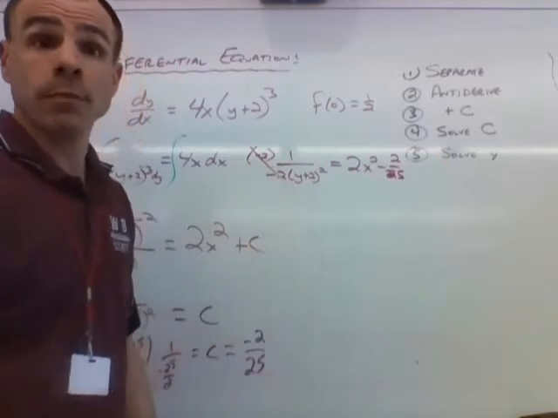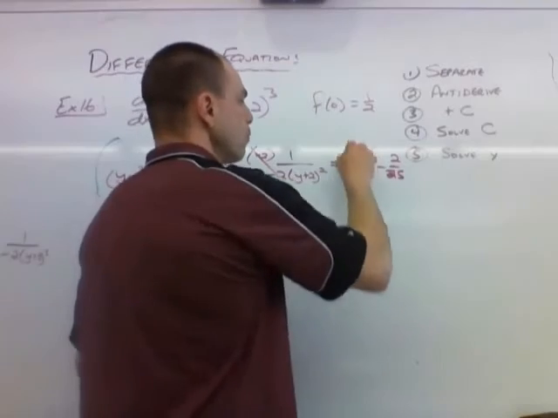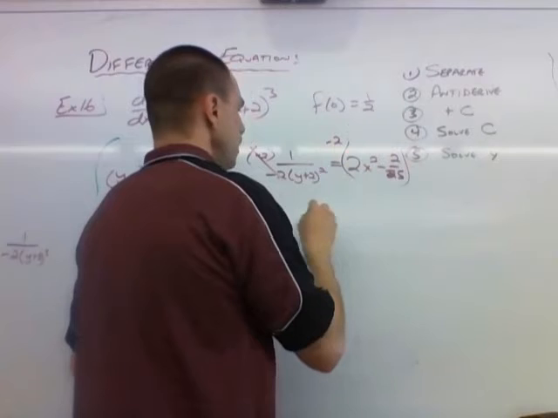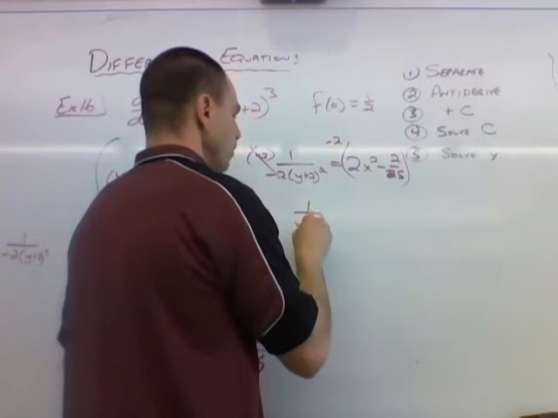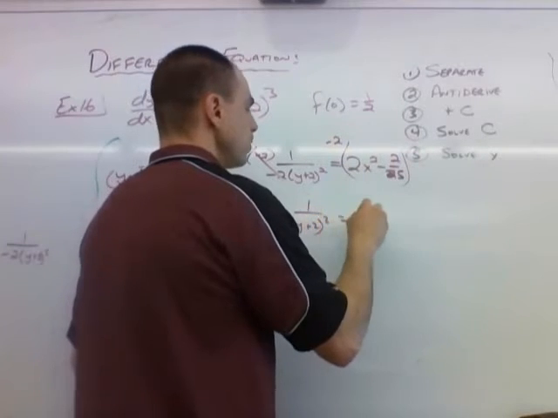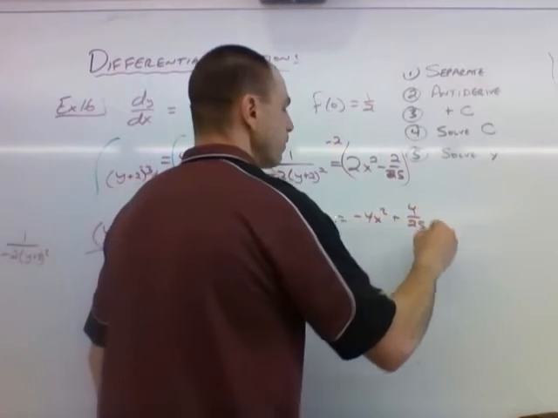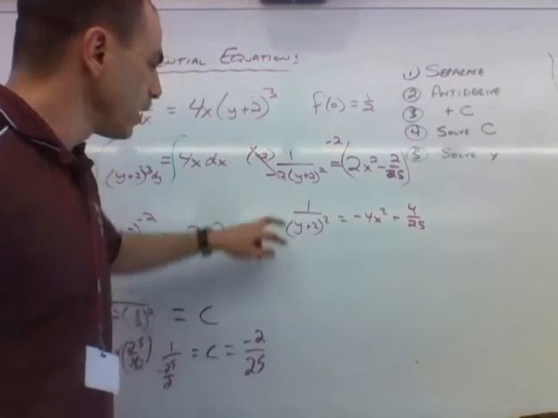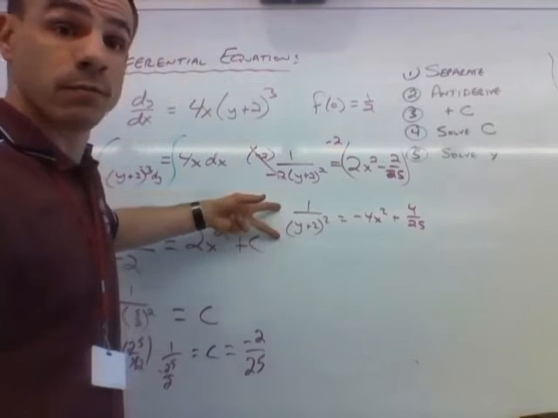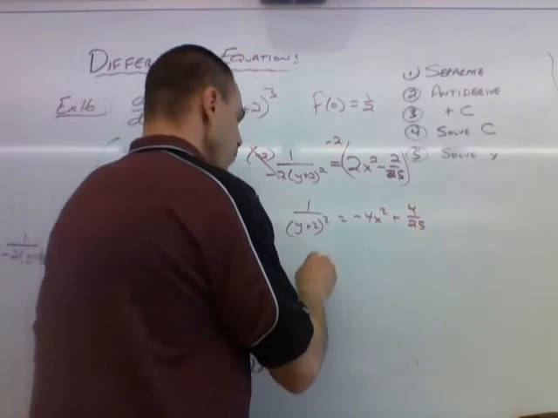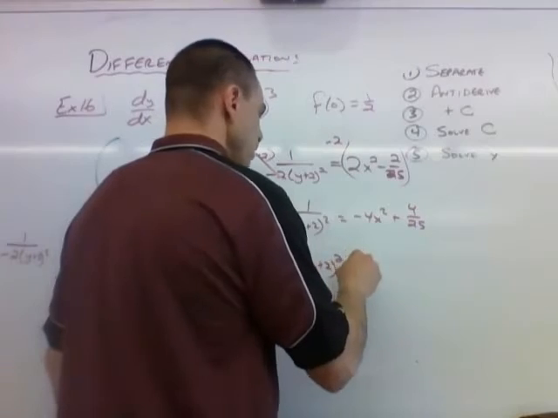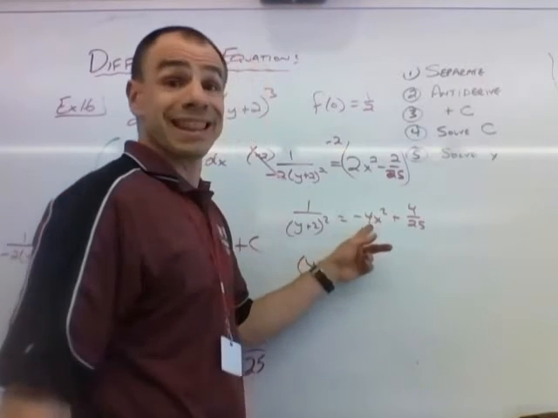That'll wipe those out. We multiply by negative 2 over here as well. That means that we now have 1 over y plus 2 squared is equal to negative 4x squared plus 4 over 25. You can see that we're going to have to reciprocate this so that we can have y plus 2 being squared. And that means we have to reciprocate this as well.